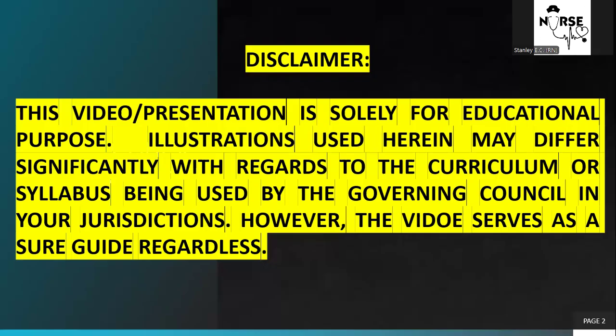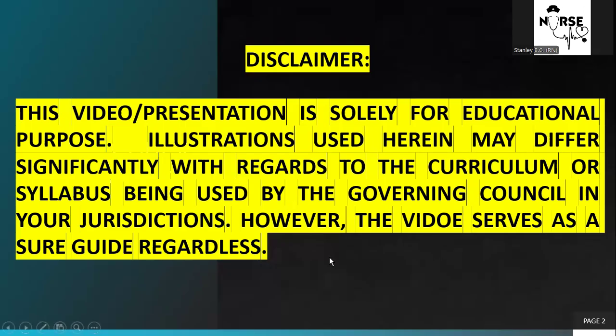Others are 5.0 grading when you are at university level. So whether you are in the college or in the university, you have to understand that there may be changes, even for your school. Even though your school may be 4.0 highest grade attainable, there may be other differences that may not be captured in this video. So this video is just a guide to enable you calculate your CGPA.